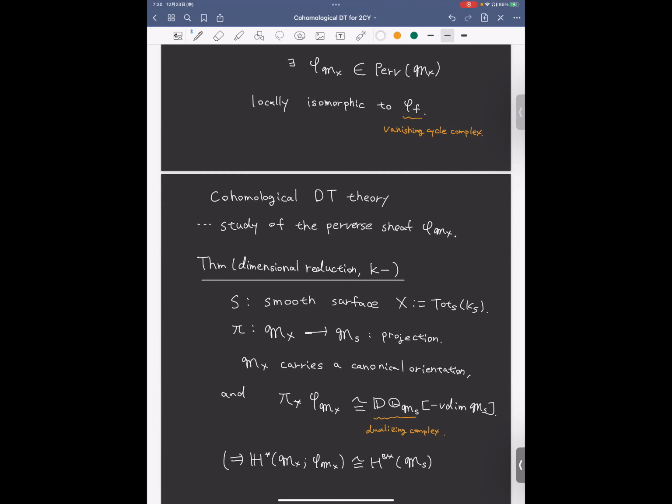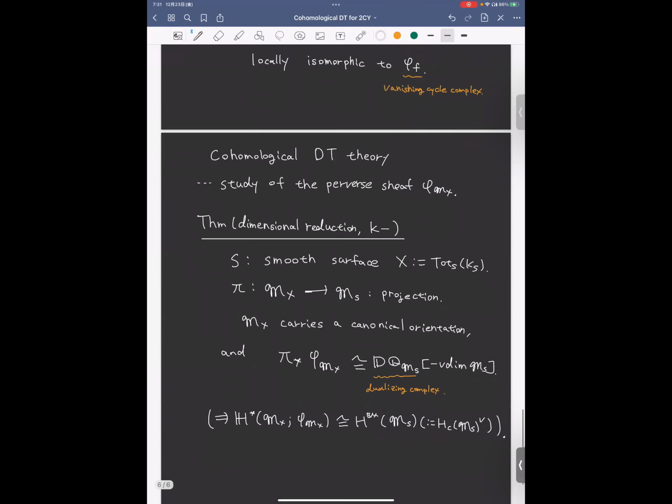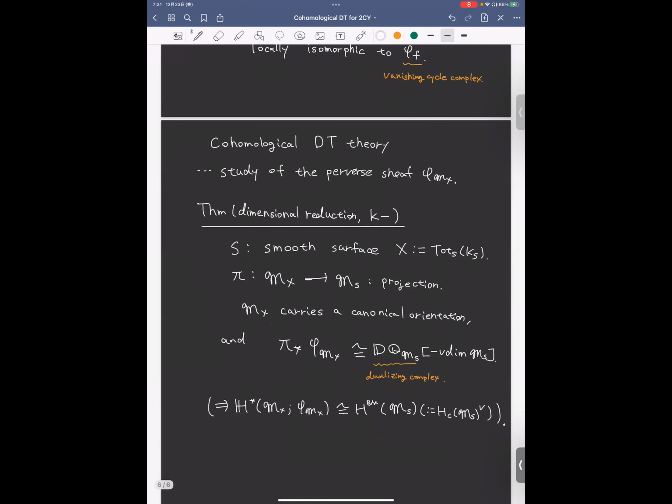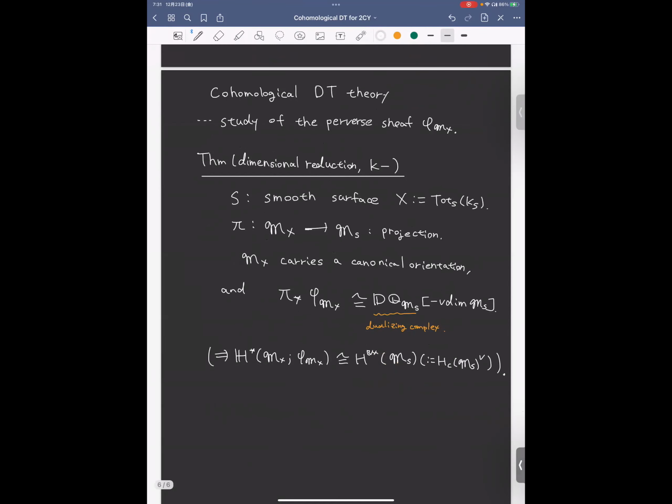Here, the Borel-Moore homology is defined to be the dual of the compactly supported cohomology of M_S. Okay. And here is the corollary of the dimensional reduction theorem. Now we assume S to be a smooth Calabi-Yau surface.